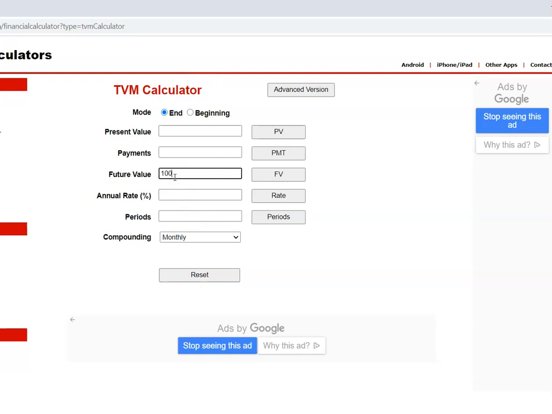So the future value will be $100. The discount rate is 5%. We need to wait for 2 years. It is annually discounted. Let's see the present value. It is $90.70. Let's change the periods into 3. The present value will be $86.38.